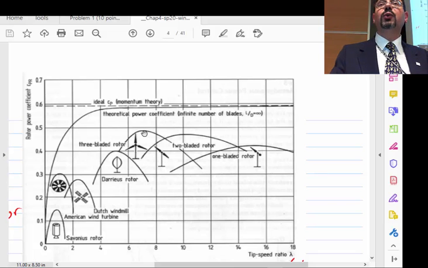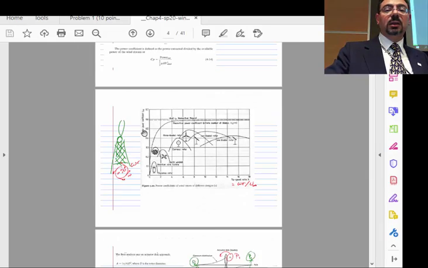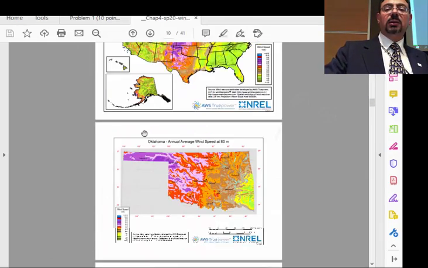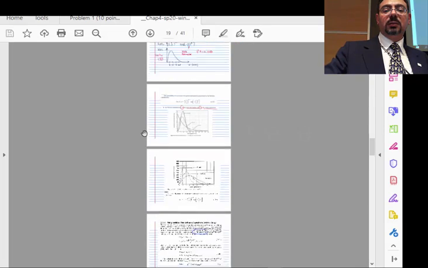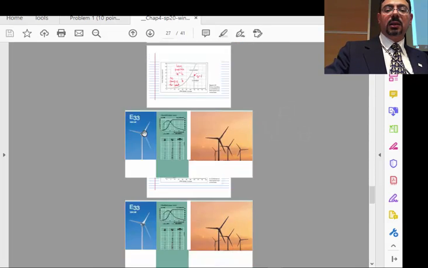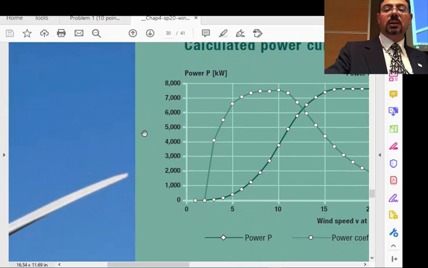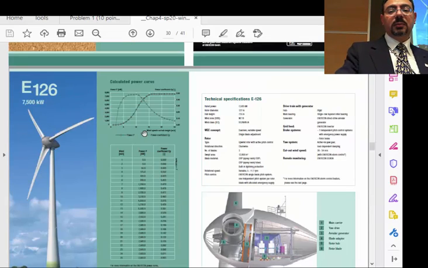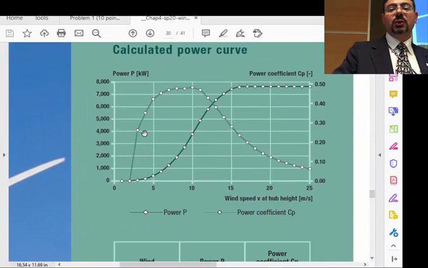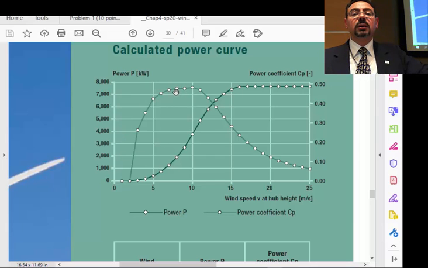So they managed to hit that 0.49 very quickly. They end up hitting it over here. So they got 0.49, and as the wind now starts to go from 5 to 10, they are maintaining 0.49, and the power is getting higher and higher.